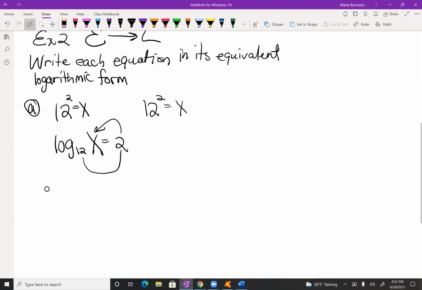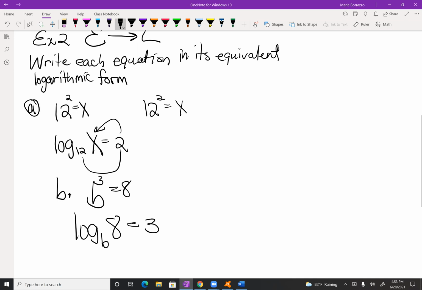All right. In part B, they're giving you b to the 3rd is equal to 8. Again, if I'm expressing this, I'm going to say the log of the base b of the number 8 is equal to 3. In other words, one number raised to the 3rd power is going to give me 8.